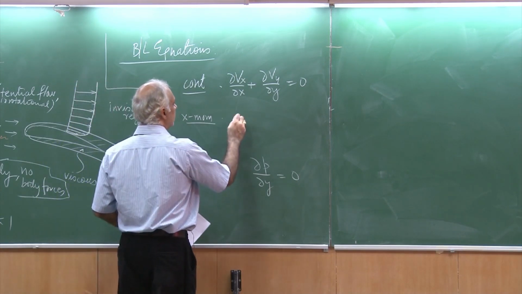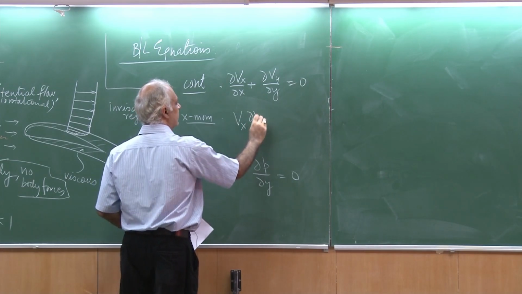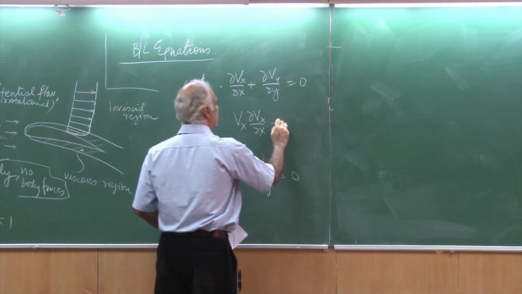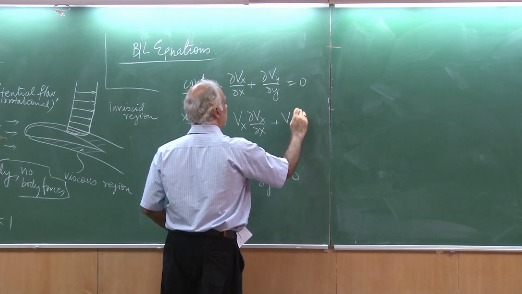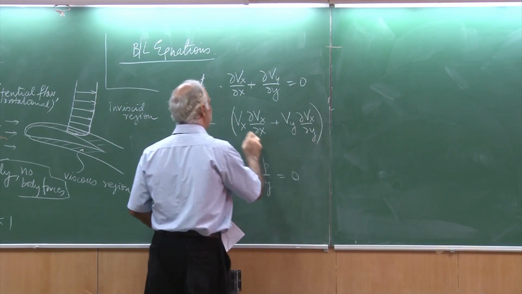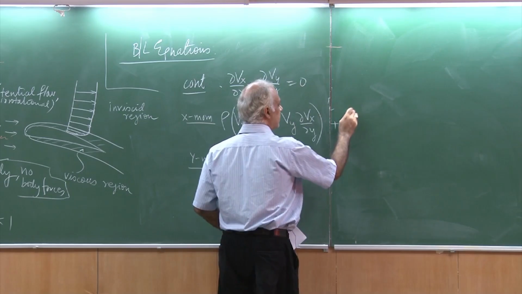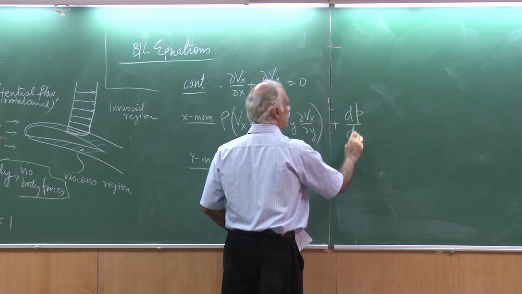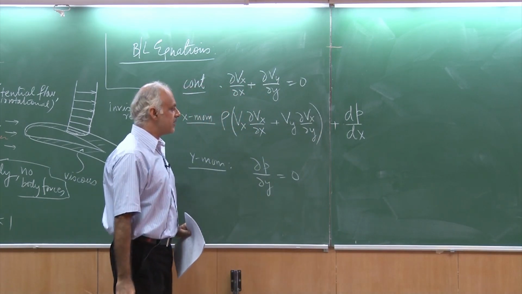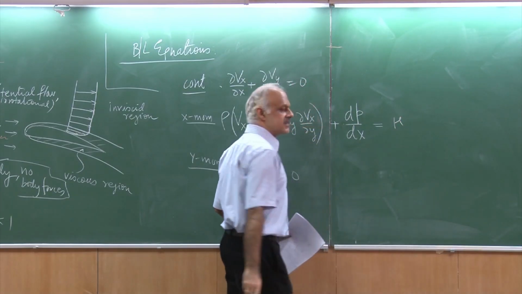How about the x momentum equation? I'll have to retain the convection terms. The first term is Vx del Vx by del x. The next term is Vy del Vx by del y, and of course they have to be multiplied with the density. Then I have the pressure gradient, but this time I can write it as dP by dx simply because my pressure is only a function of x. Next I come to the viscous terms.